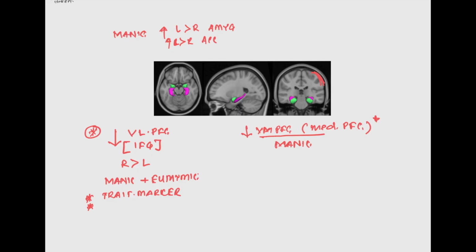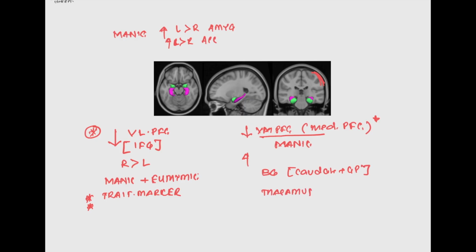PFC, all right? Now, other findings that we see in patients with mania is that there is also an increased activation seen in the basal ganglia, especially the caudate as well as the globus pallidus, as well as the thalamus, right?